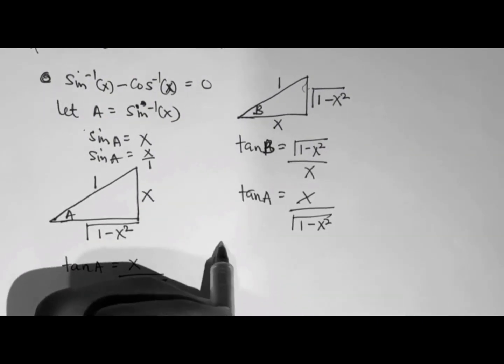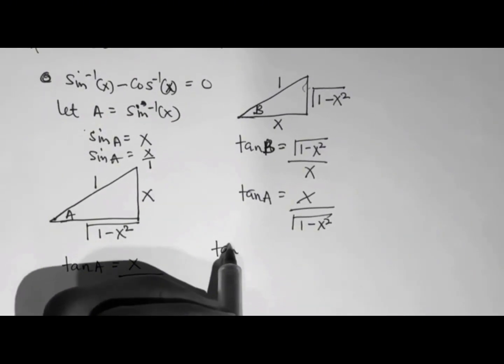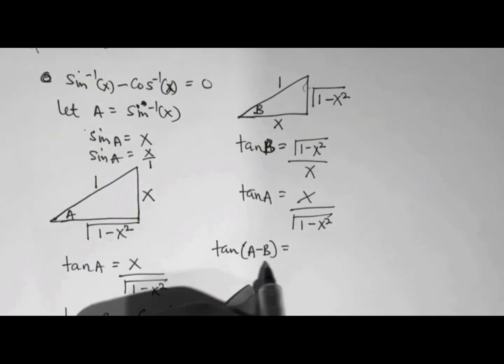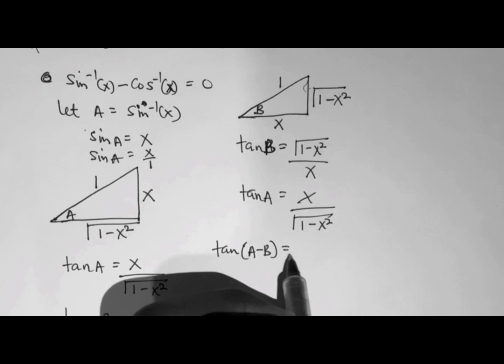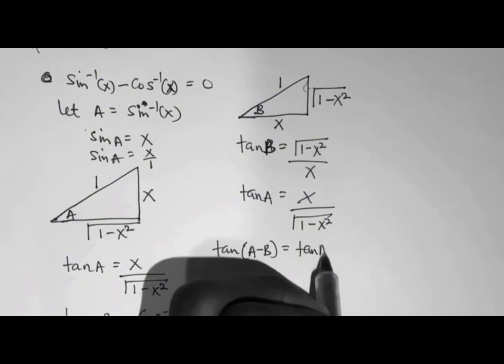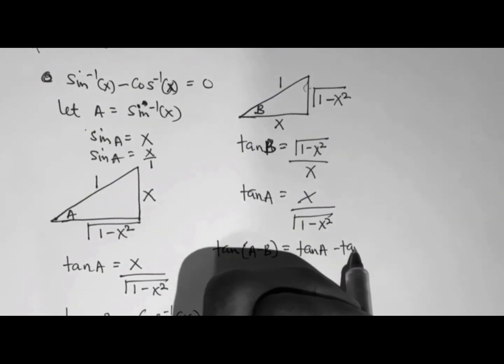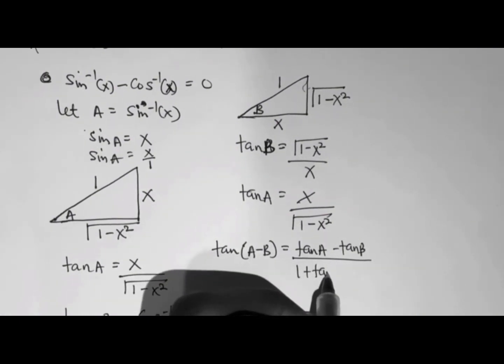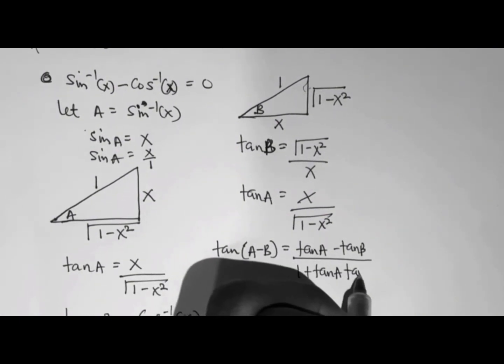So now let's find tan of a minus b. From trig identities, that is tan a minus tan b divided by 1 plus tan a tan b.